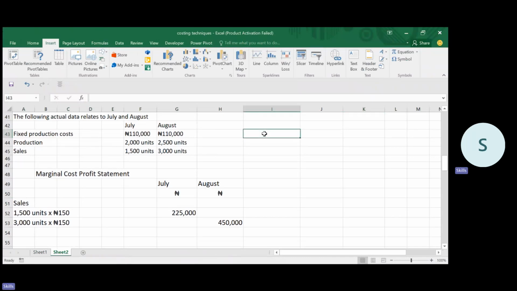So our opening inventory, to determine it, is equal to the 2,000 units produced less the sales of 1,500. It will be 500 units. This is the opening inventory, 500 units.